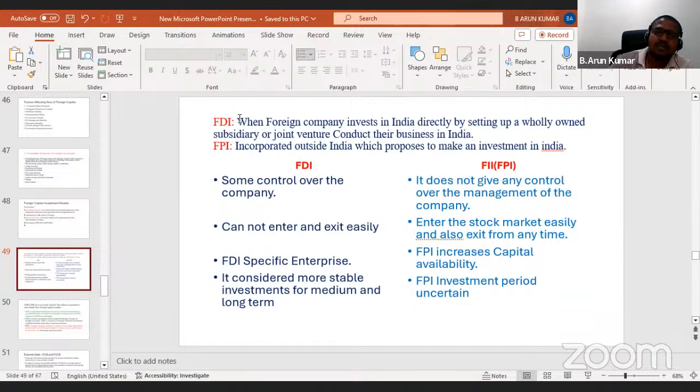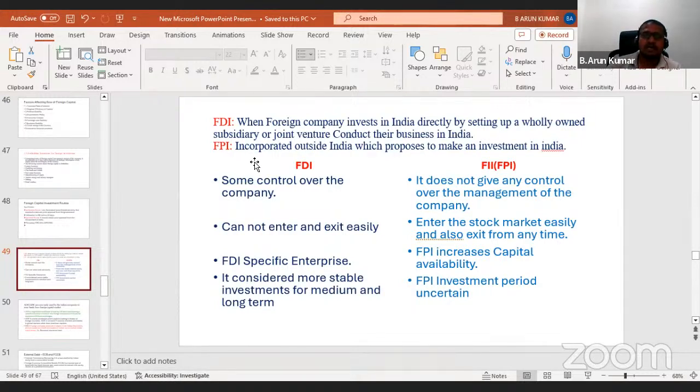So FDI means any company whose main head office is located abroad but which wants to start a business in India also. In what way can they come? They can come by way of FDI. The second one is FPI.